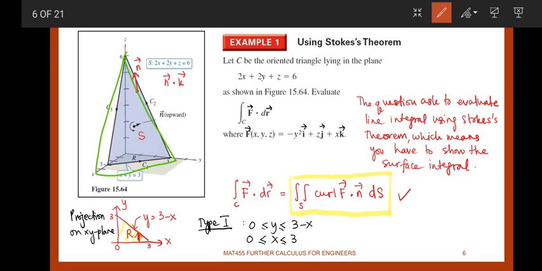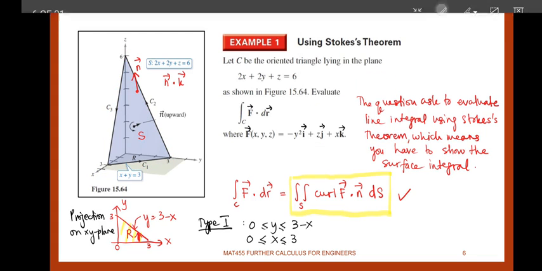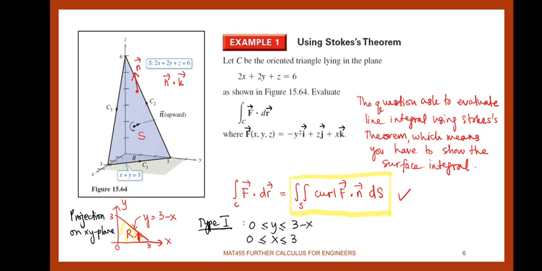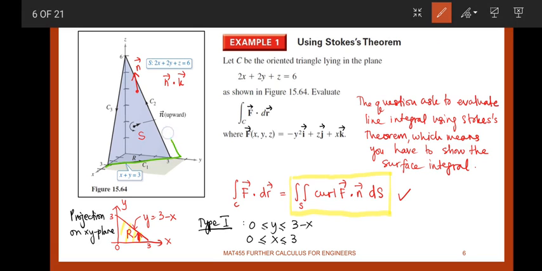All of this information for C and S must be explained, okay, so that you know what you want to find. So we have here your tetrahedron. Mentioned here your C is actually the oriented triangle lying in the plane. Okay, so that is your C. If you look at your C, it moves along the curve C counterclockwise.